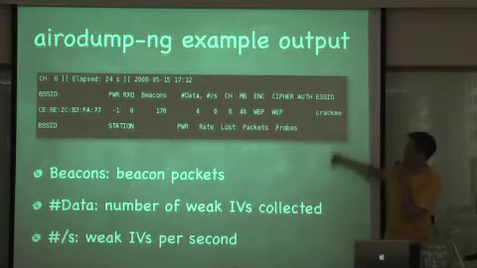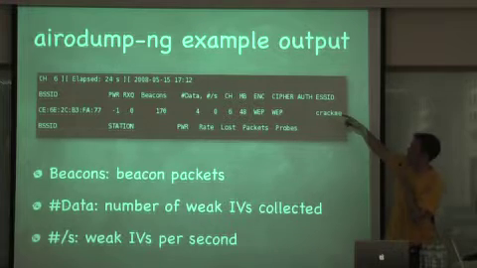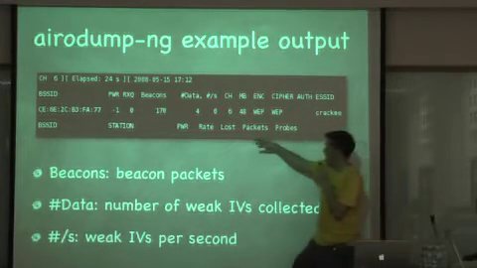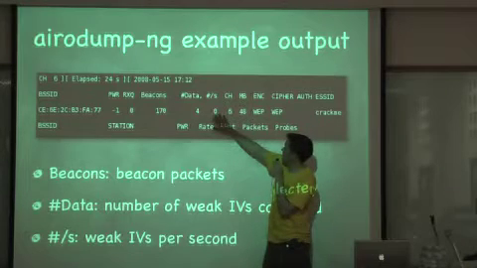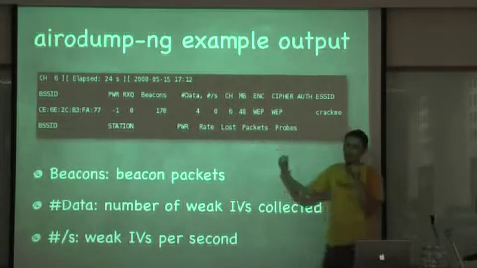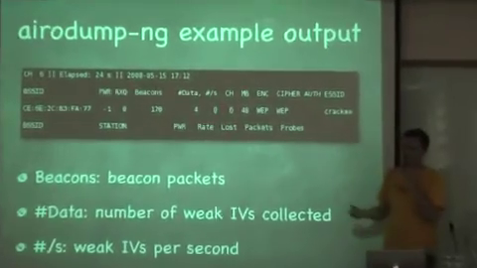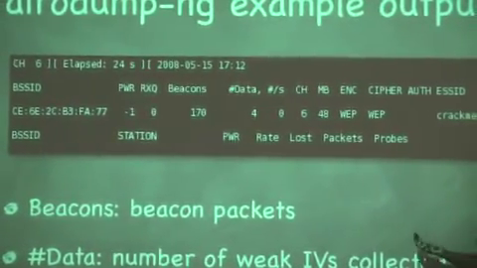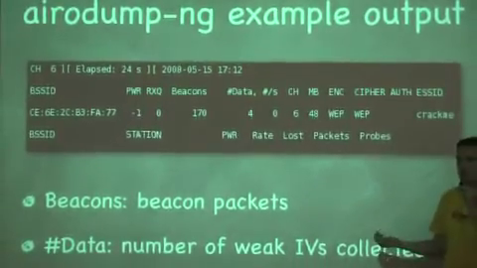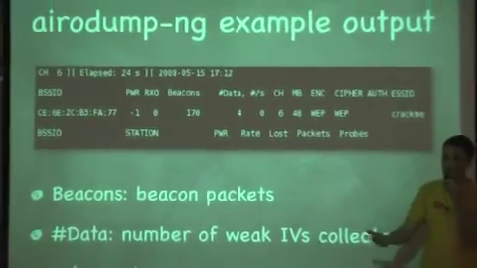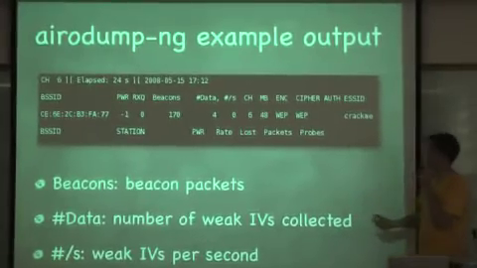So then what you get is basically this will be updating. Here, this is the number of packets that are leaking this data that have been captured. You need about 40,000 plus to break the encryption, which could take about 10 or 20 minutes, depending on how far you are from the access point and other factors.